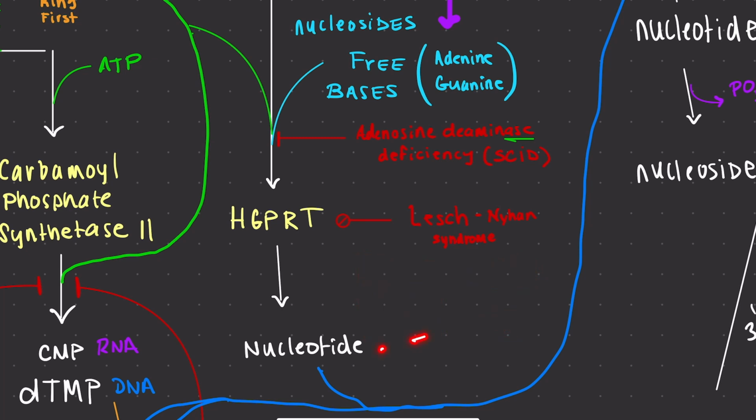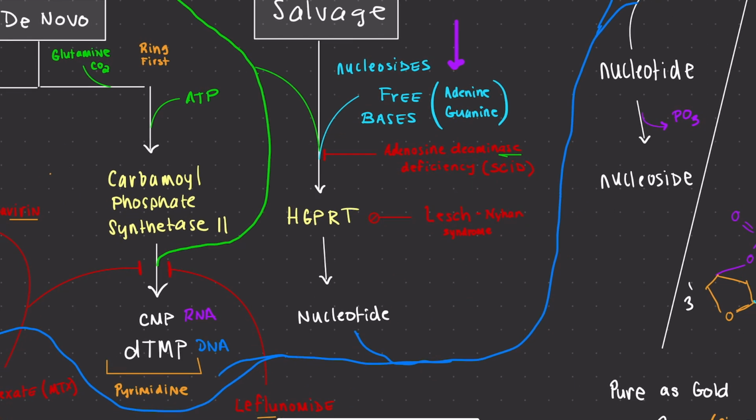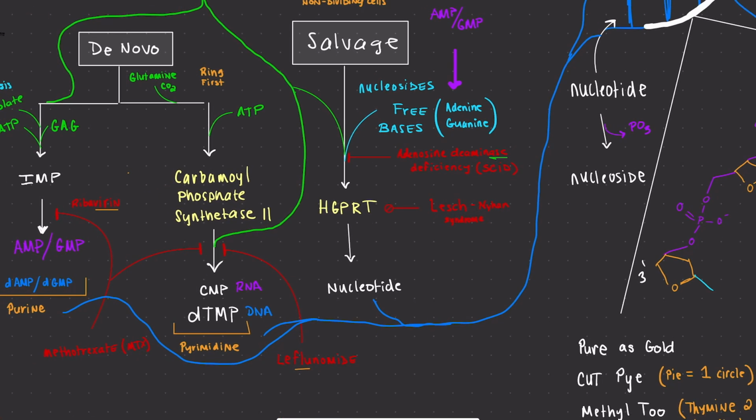And then you could have red or orange crystals in your urine. Or you could have tense muscles, also known as dystonia. So those are some of the symptoms if you have Lesch-Nyhan syndrome.